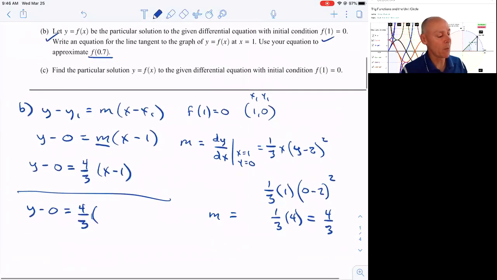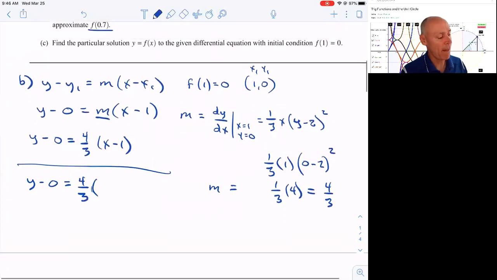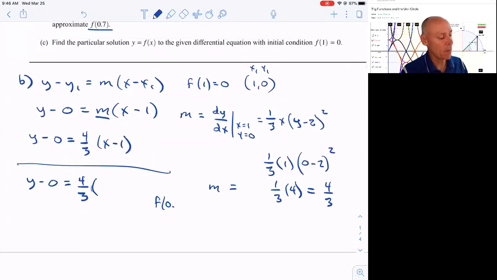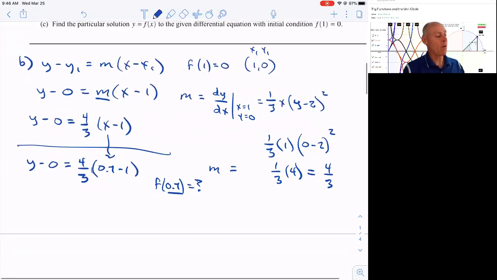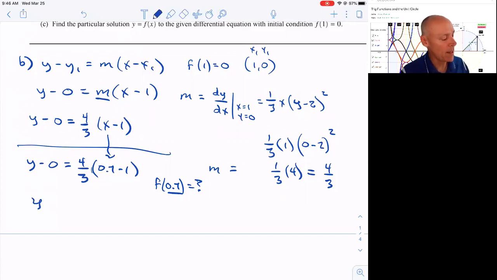I'm approximating f(0.7), so I'm going to substitute in 0.7 for this x right here: 0.7 minus 1. Now all I want to do is solve for my y. It's easy because it's y minus 0. So really, y is equal to 4/3 times the quantity (0.7 minus 1).